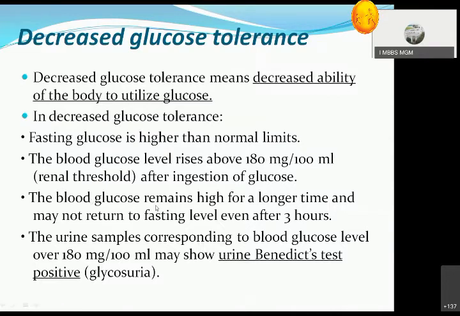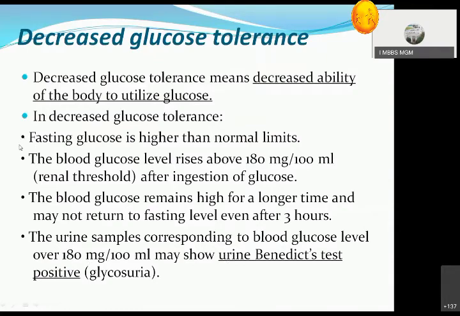The blood glucose remains high for a longer time and may not return to fasting level even after 3 hours. And fourth thing is the urine sample corresponding to the blood glucose level over 180 milligram per 100 ml may show urine Benedict test positive. This is glycosuria.